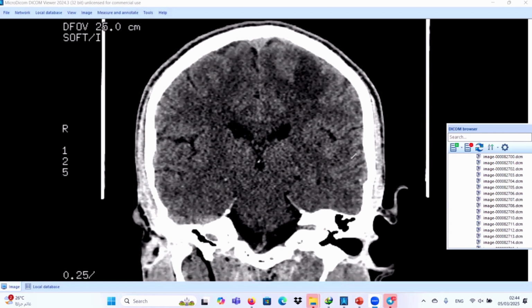The CSF will move from the ventricles across the ependymal lining of the ventricles into the white matter of the brain. So this one is considered as retrograde transependymal CSF permeation, and you will find some periventricular brain edema in cases of obstructive hydrocephalus. So these are the most common types of brain edema.